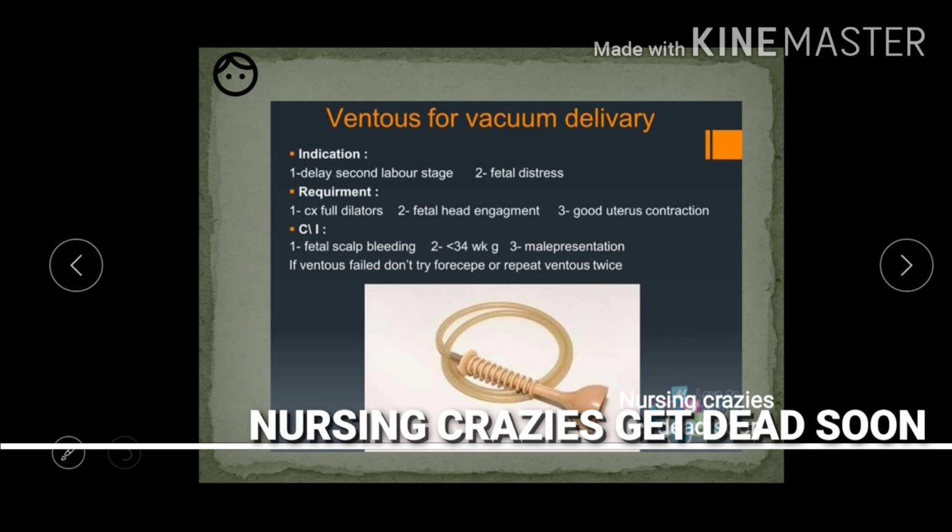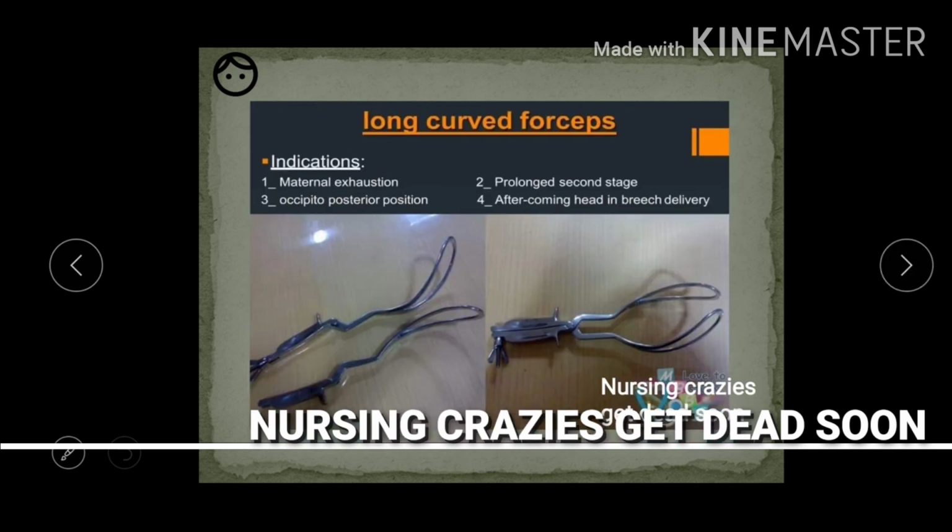Then the third one is malpresentation: if the presentation of the fetus is other than cephalic, we do not use this instrument. If the Ventouse fails, don't try forceps or repeat Ventouse twice, because it will lead to many complications that we will discuss later in future classes.